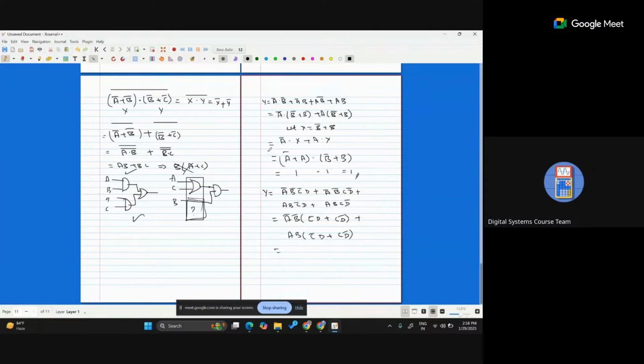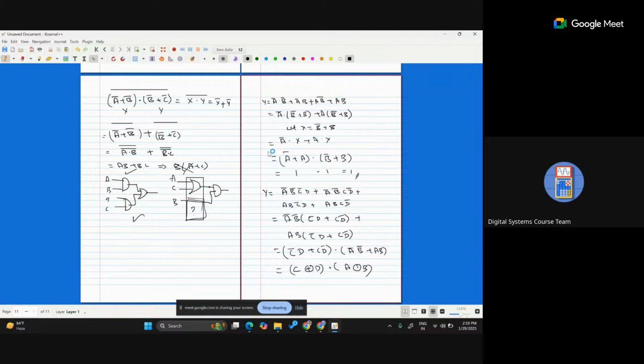So finally I can tell that CD plus CD the whole bar common. That gives A bar B bar plus AB. Am I right? Yes, sir. This is equal to C XOR D and with A XOR B.